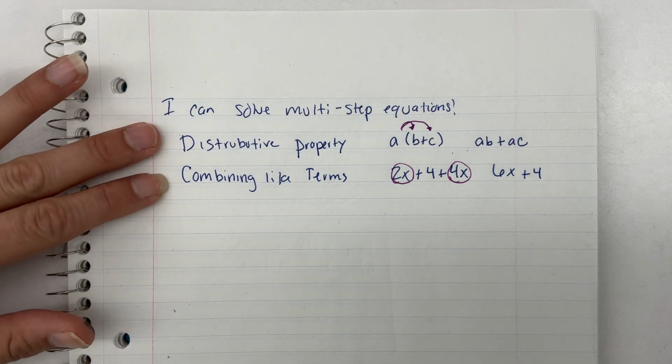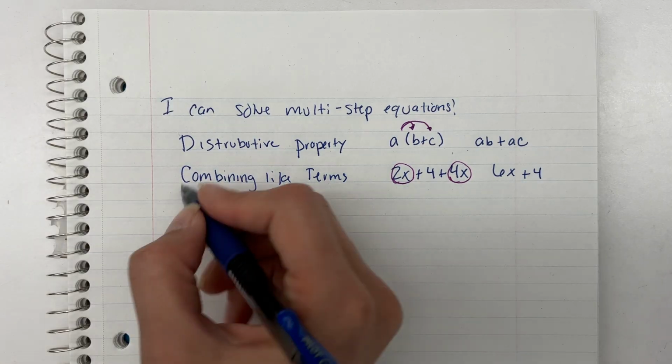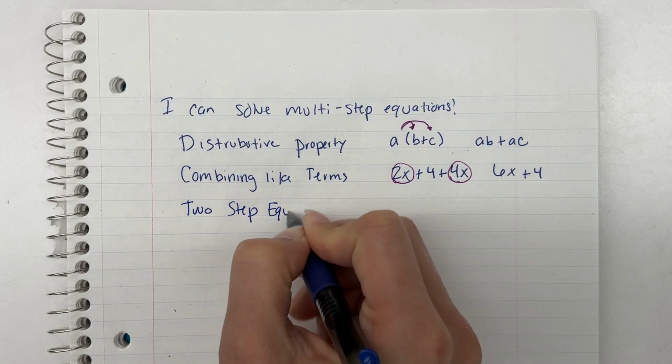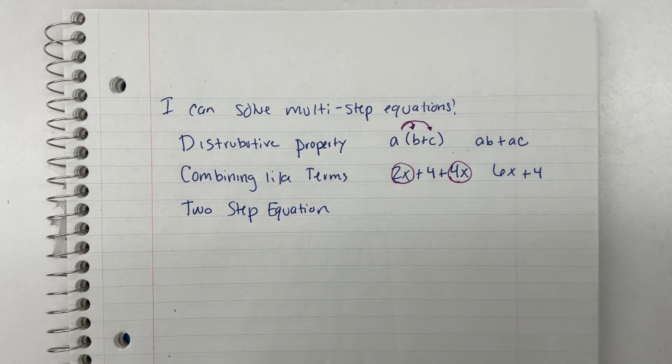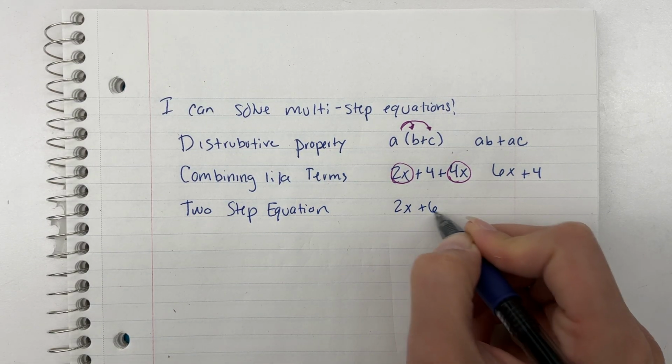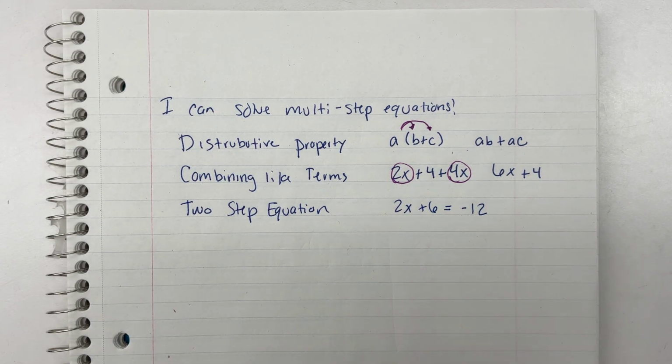So those are just, there's no equations here. And then the two-step equation actually has an equation where you need to balance it. And so our two-step equation would be something like 2x plus 6 equals negative 12. You want to get rid of the third wheel and then break up the couple. That's the phrase I use.